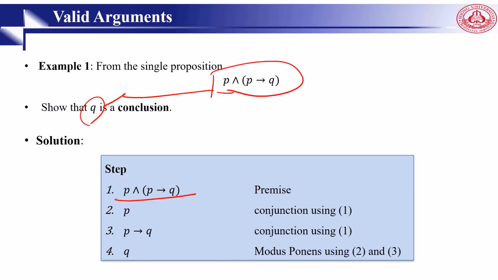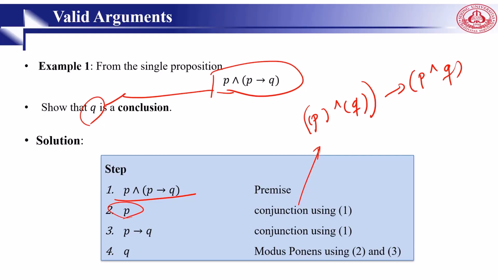So P. From this P and P implies Q, it seems using conjunction, we can do something. What is conjunction? Conjunction says P and Q, you remember I said these are independent, implies P and Q, right? This is conjunction. So from here, we can conclude P. Then, again, using the same conjunction from 1, we also can conclude P implies Q, right?